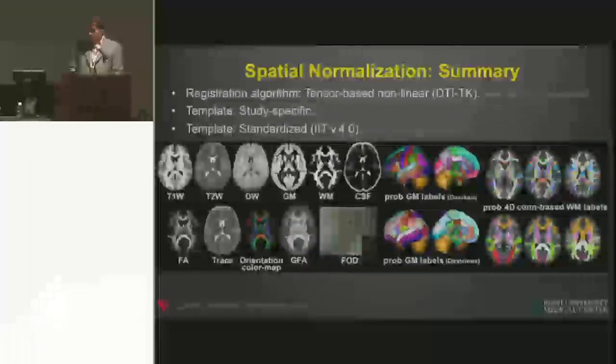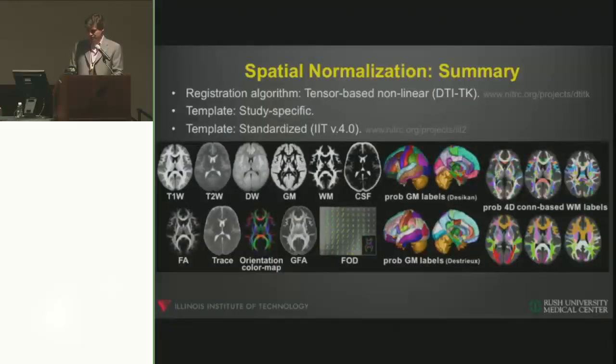It also has a number of other resources that simplify your life. It has a number of anatomical templates, tissue probability maps, other DTI templates, a Hardy template, a probabilistic gray matter atlas based on the Desikan-Killiany labels, and another one based on the Destrieux labels. And recently we added a probabilistic 4D connectivity-based white matter atlas.